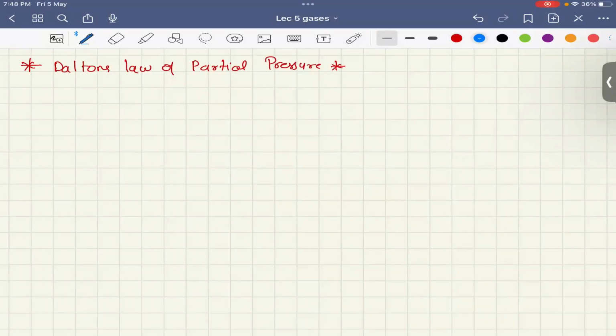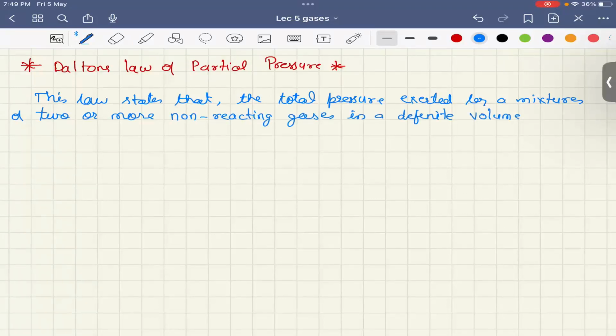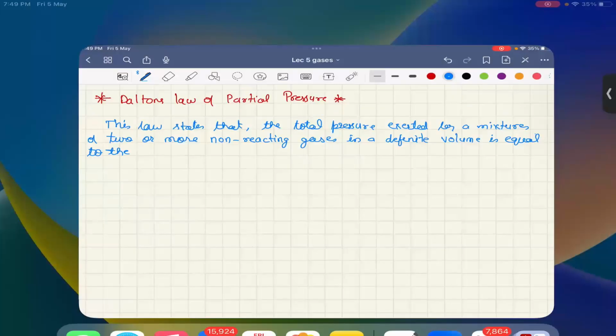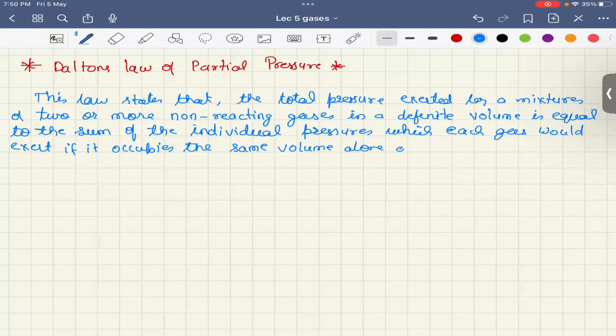This law states that the total pressure exerted by a mixture of two or more non-reacting gases in a definite volume is equal to the sum of the individual pressures which each gas would exert if it occupied the same volume alone at constant temperature.